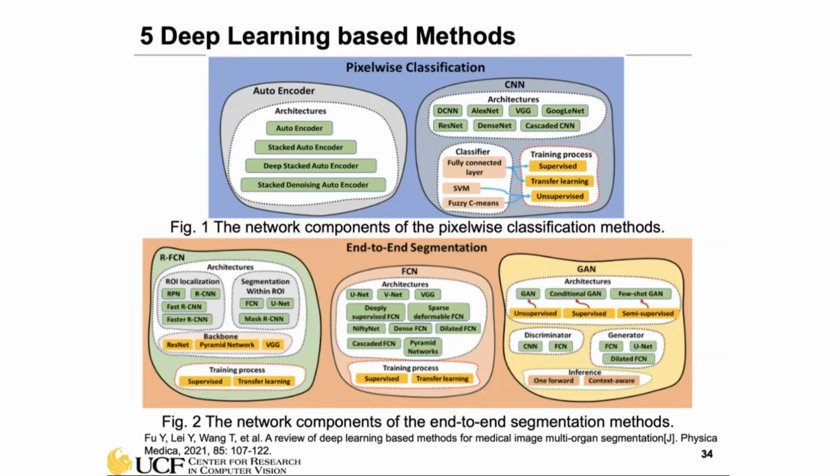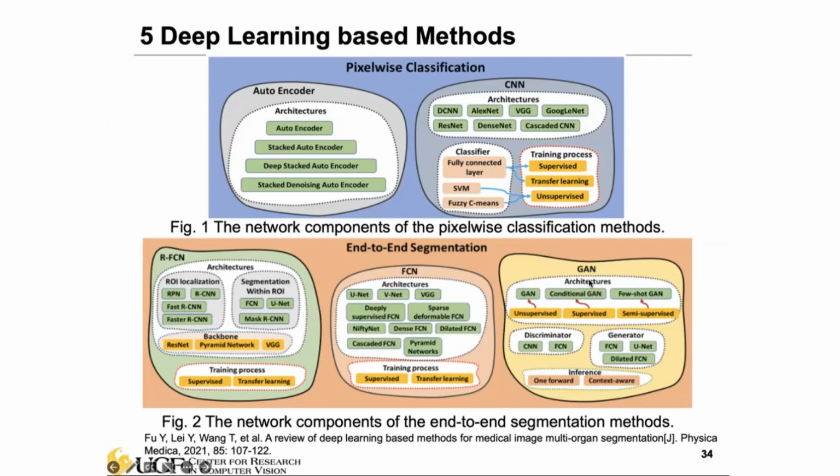Now with deep learning, we leverage data, using a data-driven approach to learn the optimal features from the data and perform segmentation or classification. Here, this is extracted from a review of deep learning based methods for medical image processing.